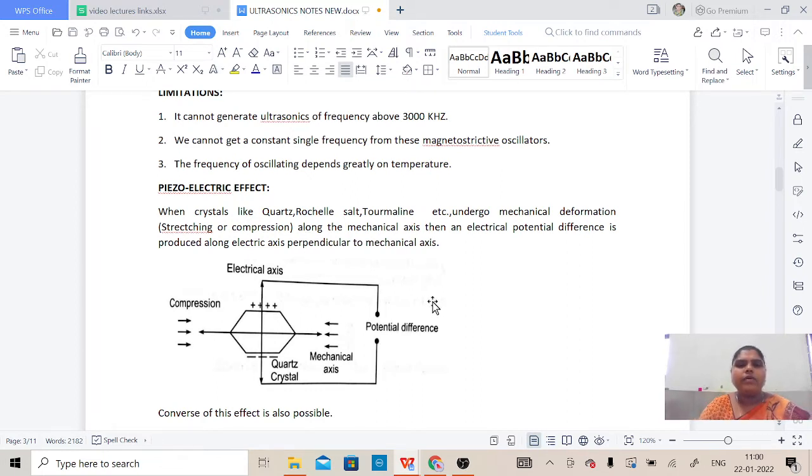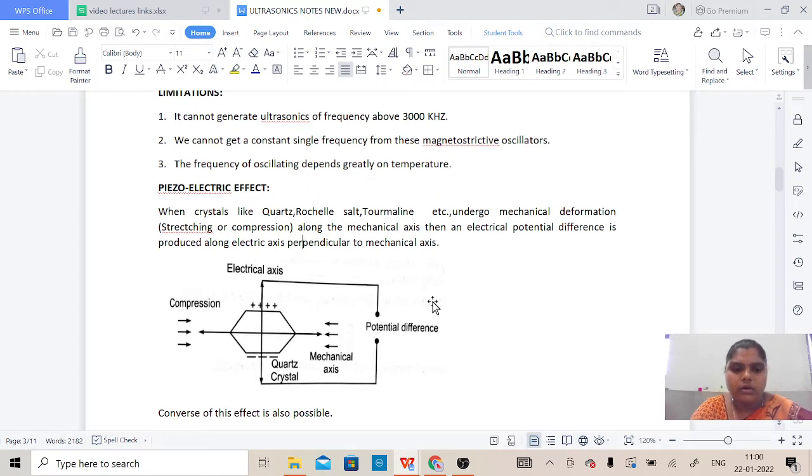So, taking a crystal like quartz as an example, it undergoes mechanical deformation, that is, stretching or compression along the mechanical axis, and an electrical potential difference is produced along the electrical axis, perpendicular to the mechanical axis. That is, we apply the stress along the mechanical axis, and the potential difference is generated perpendicular to it, along the electric axis.